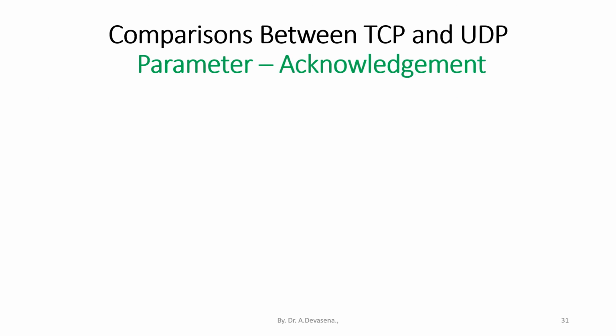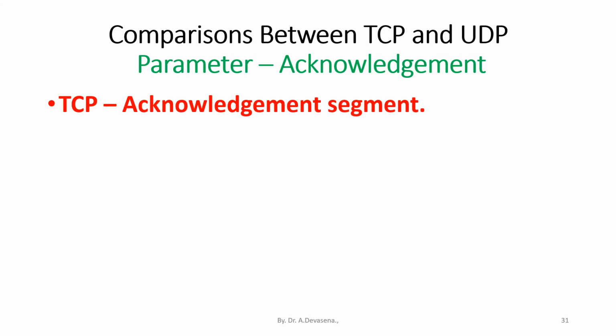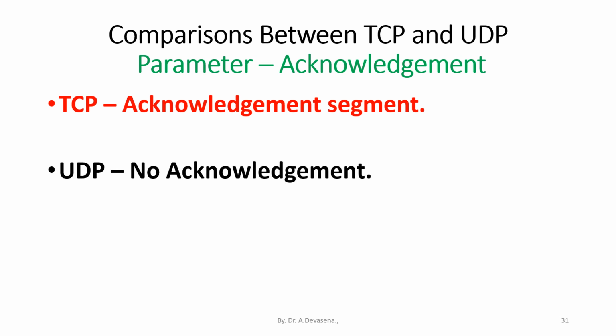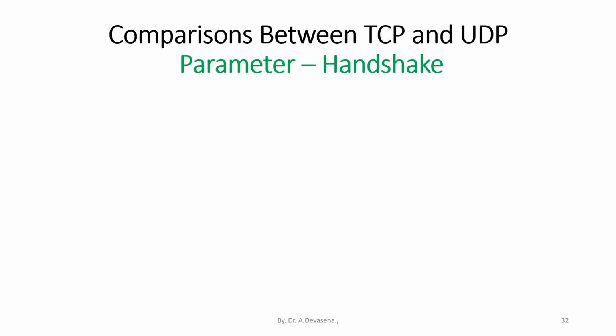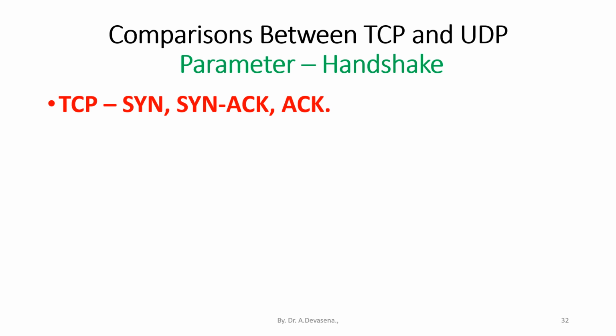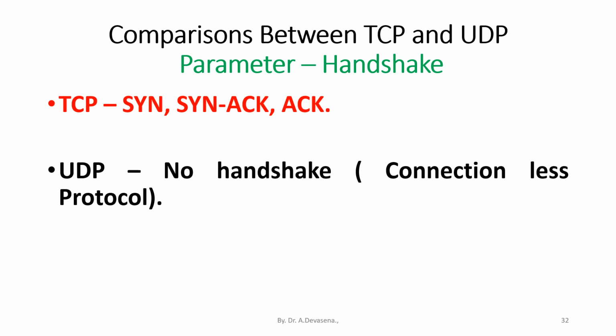The parameter we are considering is acknowledgement. In TCP, there is an acknowledgement segment. In UDP, no acknowledgement. The parameter we are considering now is handshake. In TCP, SYN, SYN-ACK, ACK. In UDP, no handshake because it is a connectionless protocol.